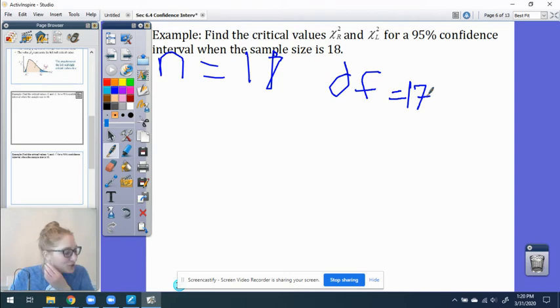Okay. So what we're going to do to figure out my right and my left critical value, you're going to take that 95% confidence and you're going to subtract it from 1 and add it to 1 and then divide those values by 2. And we're doing this so that we can get the tails, okay?